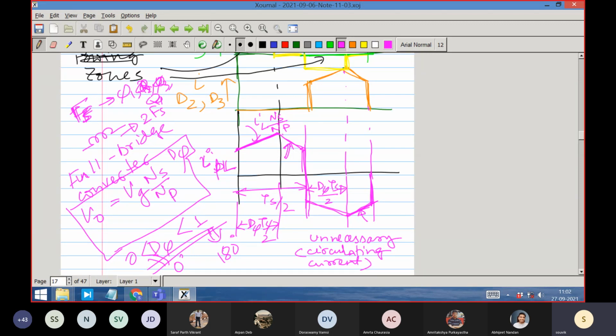Ultimately, we have to give a DC to the inductor. So after rectification, if there is a rectifier on the secondary side, the frequency will always double. That generic idea you can keep in your mind.